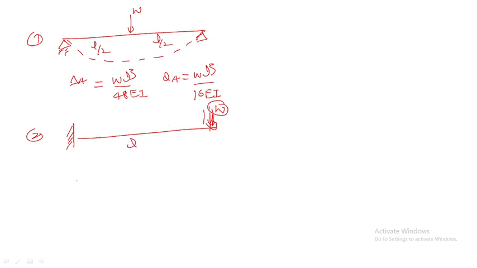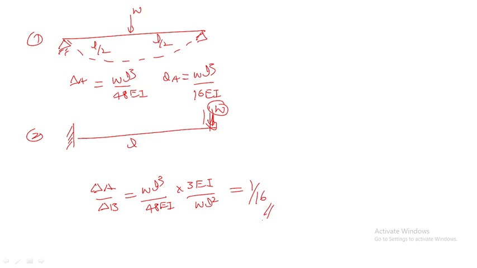Now the ratio of maximum deflection of beam A and beam B, that is delta A and delta B. Delta B, you know, I need not write that one. That is WL cube divided by 48 EI into 3 EI divided by WL cube, that is 1 by 16th. 1 by 16th is the answer for the given question.